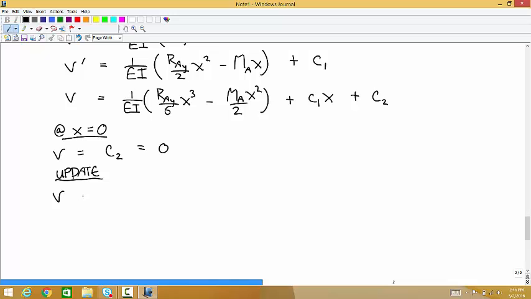And we get V is equal to 1 over EI times the quantity RAY over 6 x cubed minus MA over 2 x squared plus C1x. And now we know that C2 is equal to 0, so that's gone.